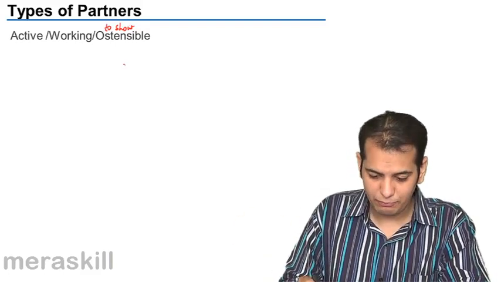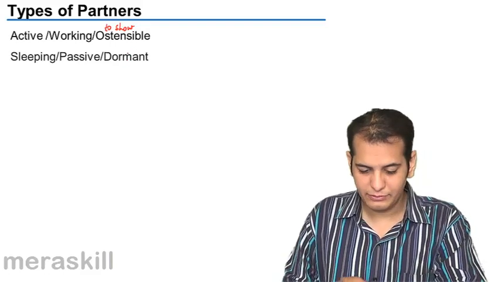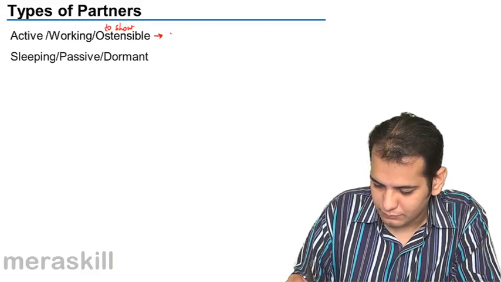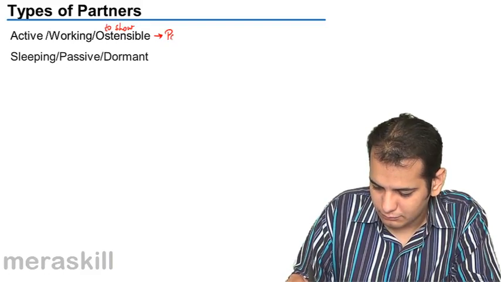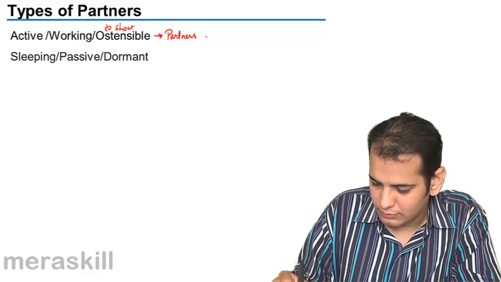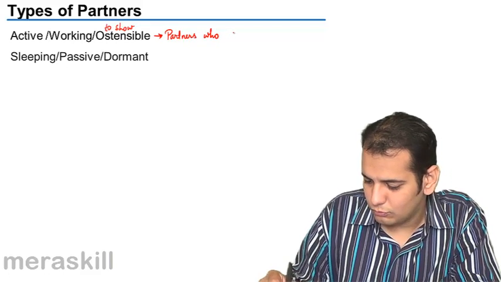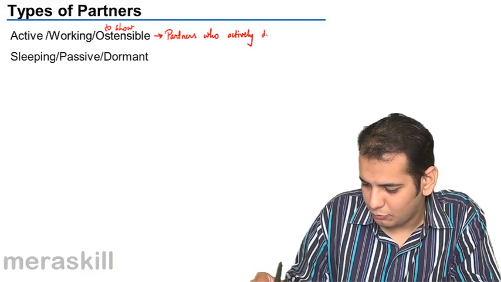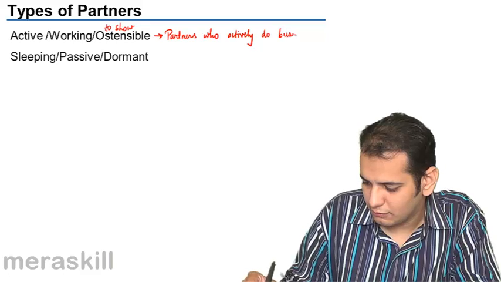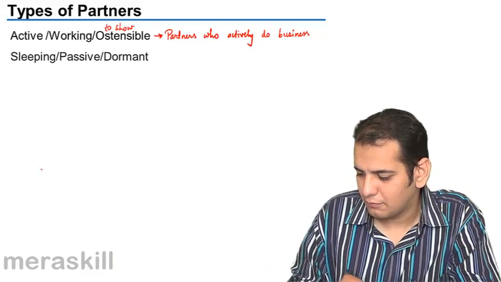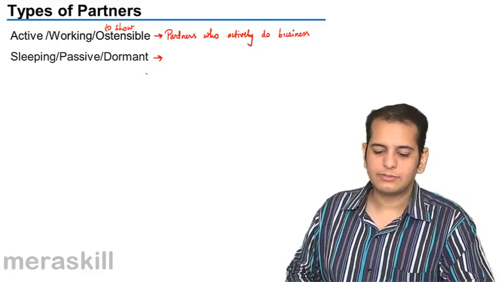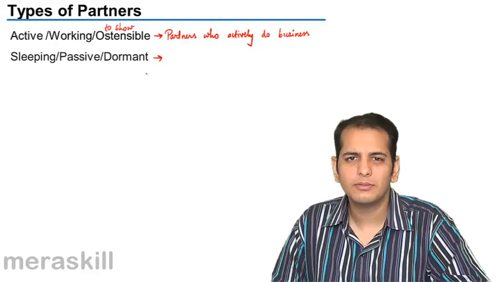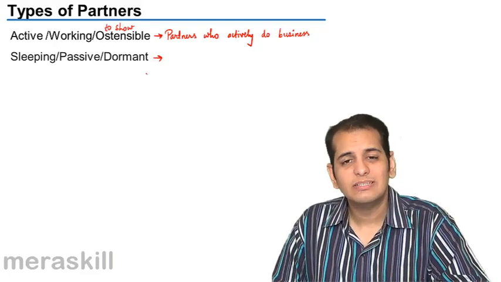The second type of partner is, so I'll just write here, partners who actively do business. Yes, sleeping, passive or dormant. Now, from the words only you can understand, these are sleeping partners.